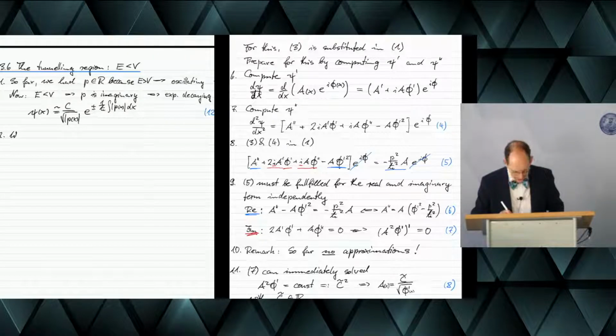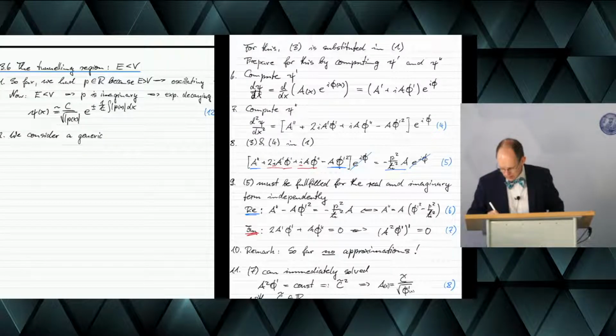So we consider a generic tunnel problem, namely the square potential, actually not precisely the square potential, so the square potential barrier.